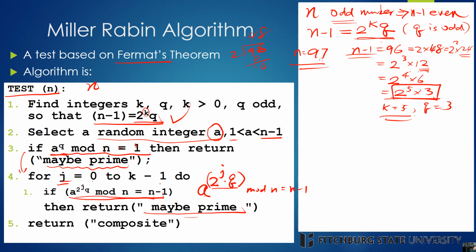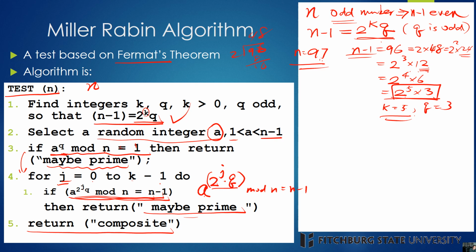If none of the j satisfy this condition, then once we complete the for loop and none of this is true, we just return composite.